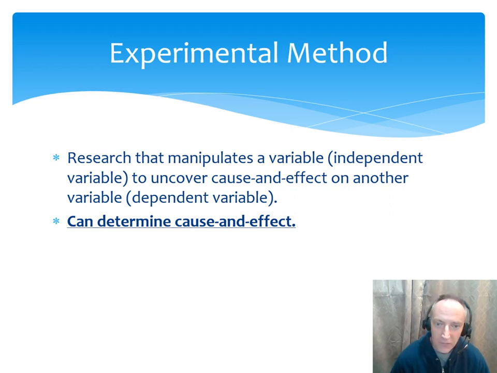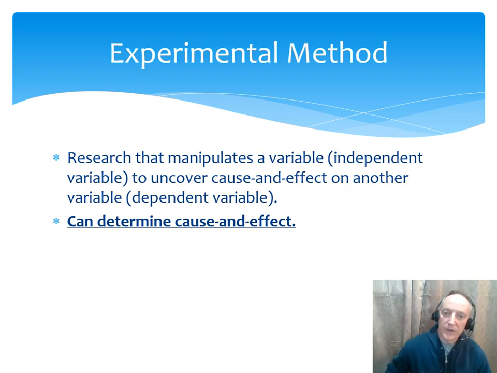So if everything is the same between two groups, except for the one thing that the experimenter wanted to investigate, and we then found a difference, then we could say, okay, we can determine the cause.